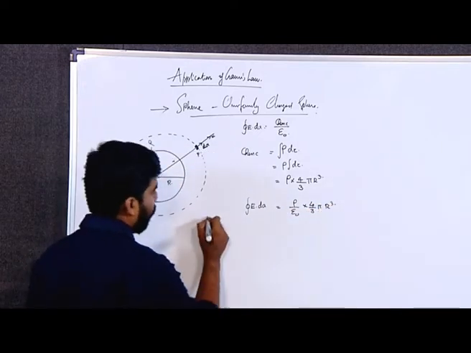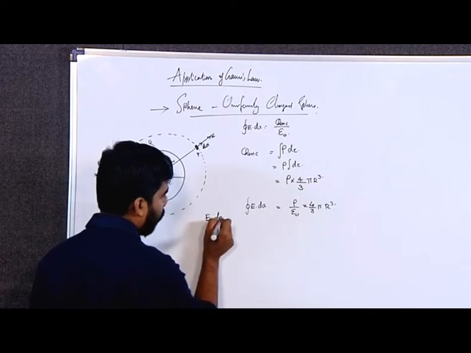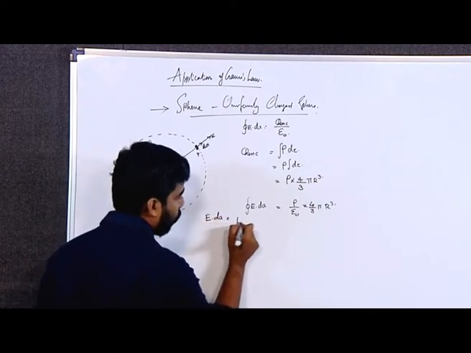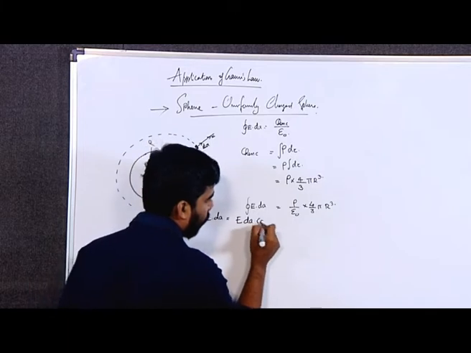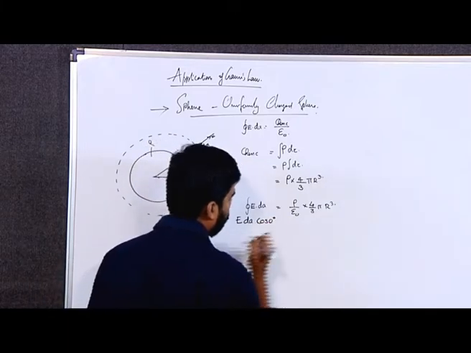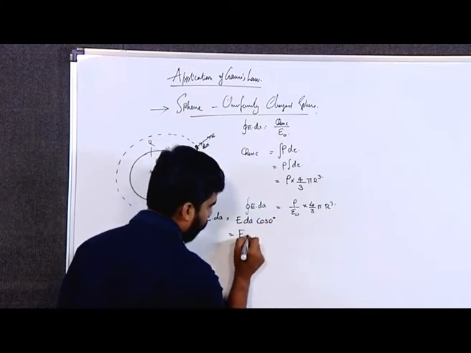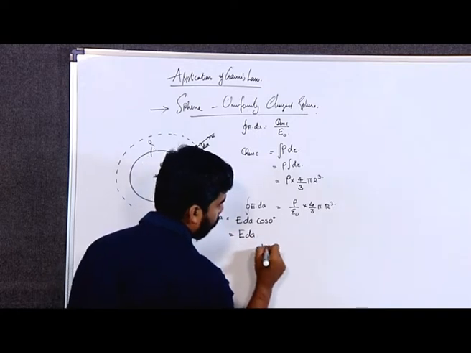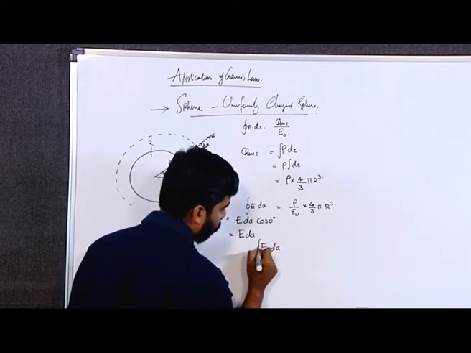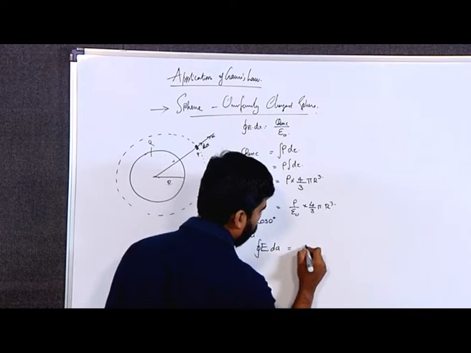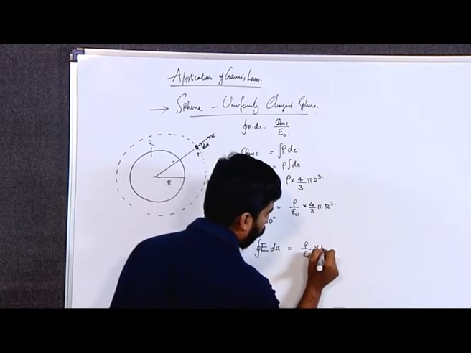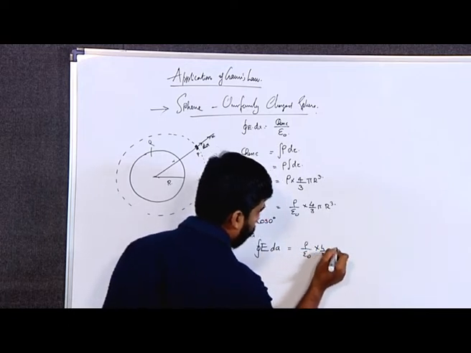Just look at what E dot dA is. The angle is 0 degrees, so E dot dA is equal to E dA cos 0 degrees, which is equal to E dA. So I am substituting E dA in the closed integral: E dA is equal to rho by epsilon 0 into 4 by 3 pi r cube.